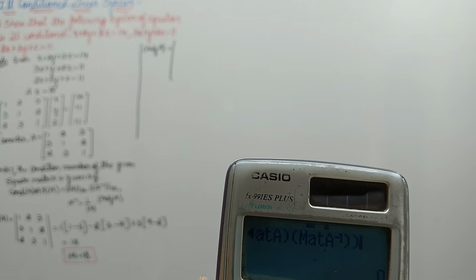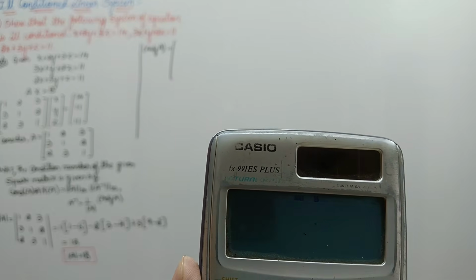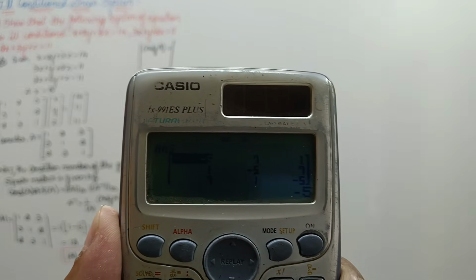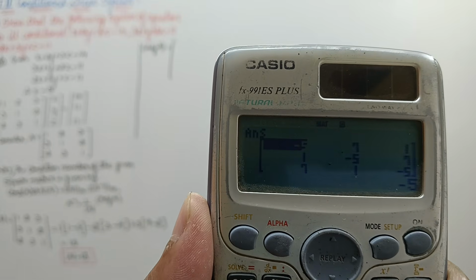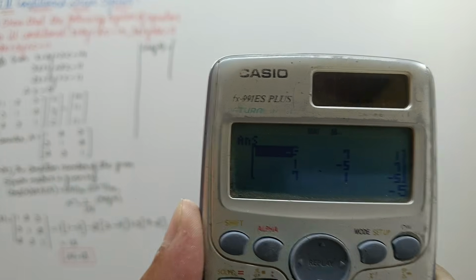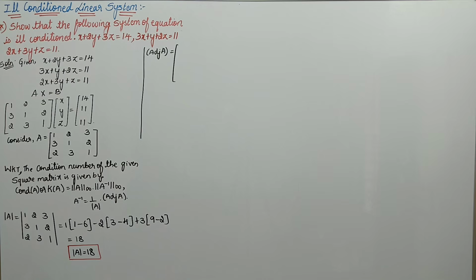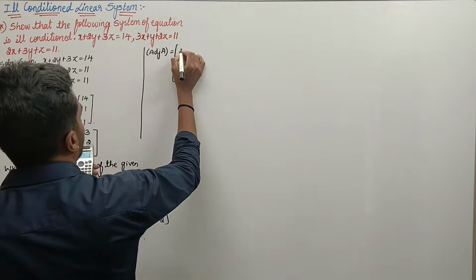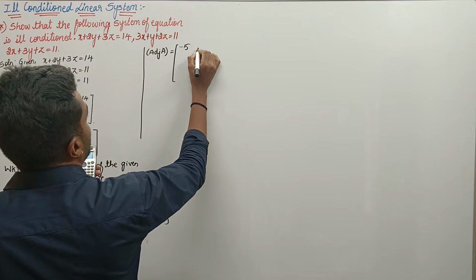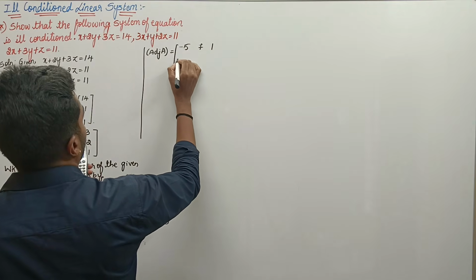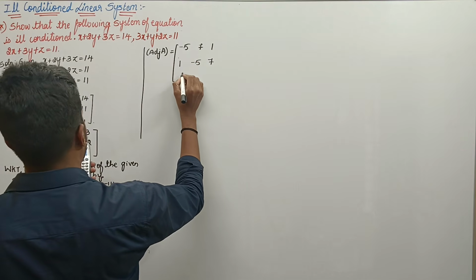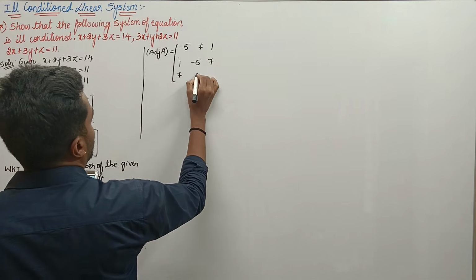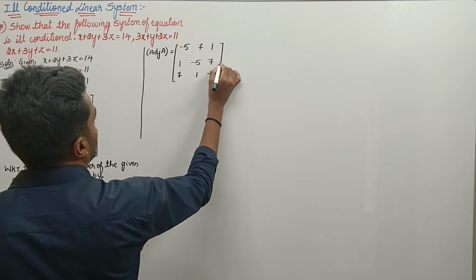Got the point? The adjoint of A is minus 5, 7, 1, 1, minus 5, 7, 7, 1, minus 5.